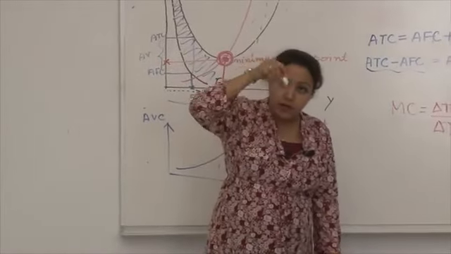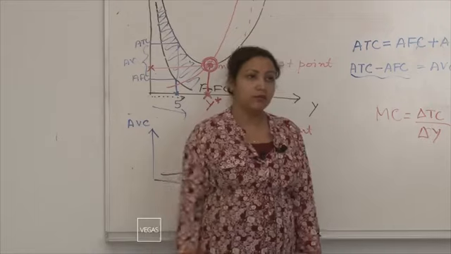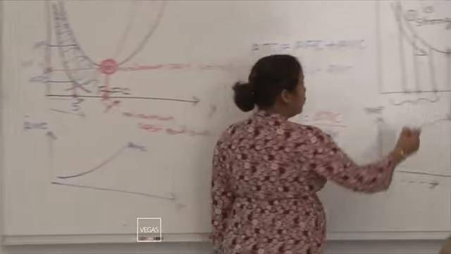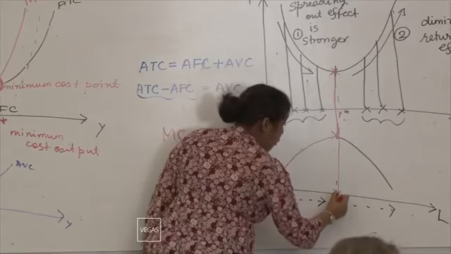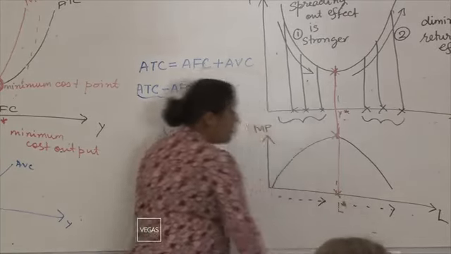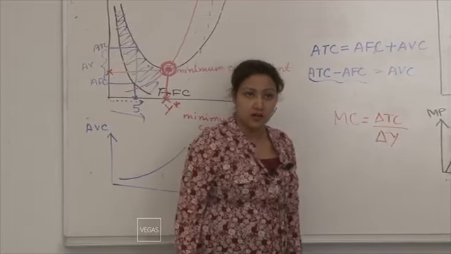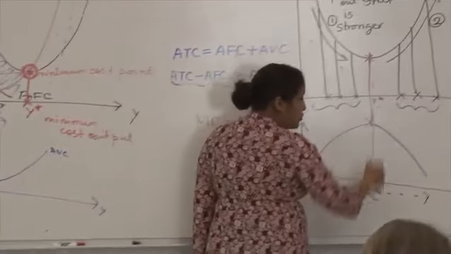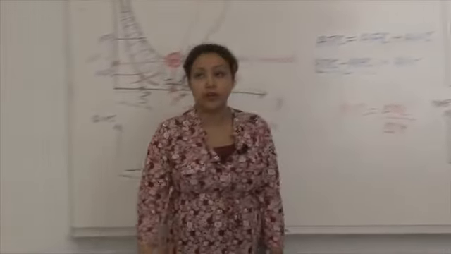So minimum point of ATC means the marginal productivity of the worker is at the peak. So if I am producing this Y star, effectively I am also hiring the exact number of workers who will give me maximum productivity, L star. And at that point, if these two are true, then my MC will also go through that point.